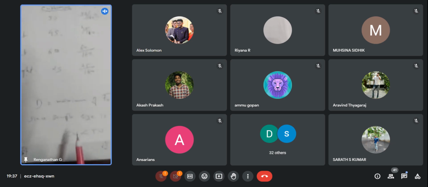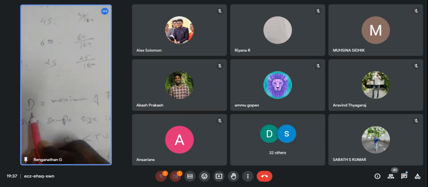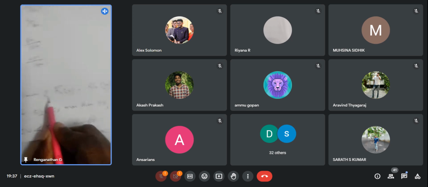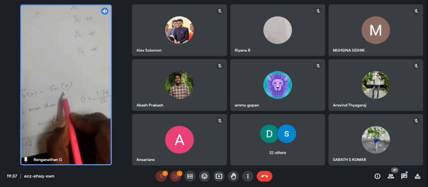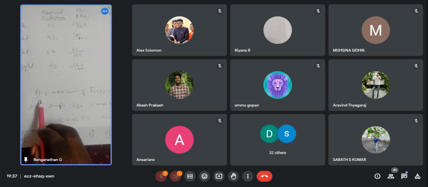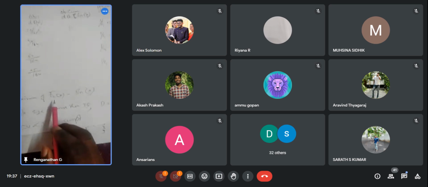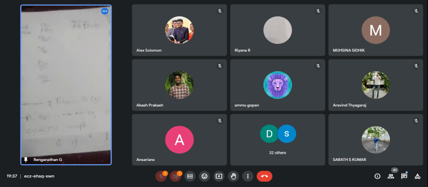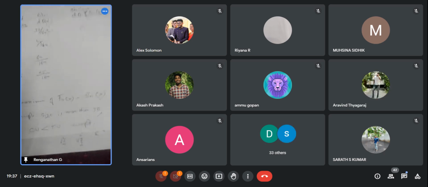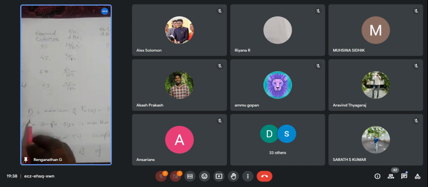That is called the D value. Look here: D is equal to the maximum of F0(x) minus Sn(x). I have written it here. You find all the F0(x) and Sn(x) values, and the maximum value is considered the D value.